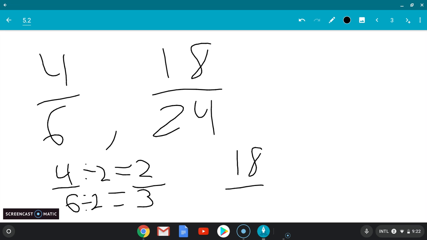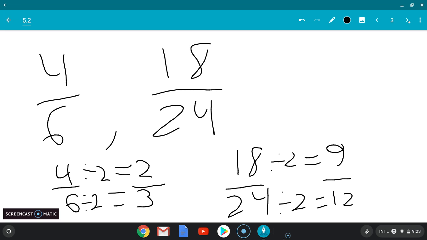18/24, right. Let's just start simplifying it by 2. Divide it by 2, end up with 9. Divide this by 2, I end up with 12. That could be simplified further. I can divide it by 3. 9 divided by 3 is 3. 12 divided by 3 is 4. So now I can't simplify that any further.